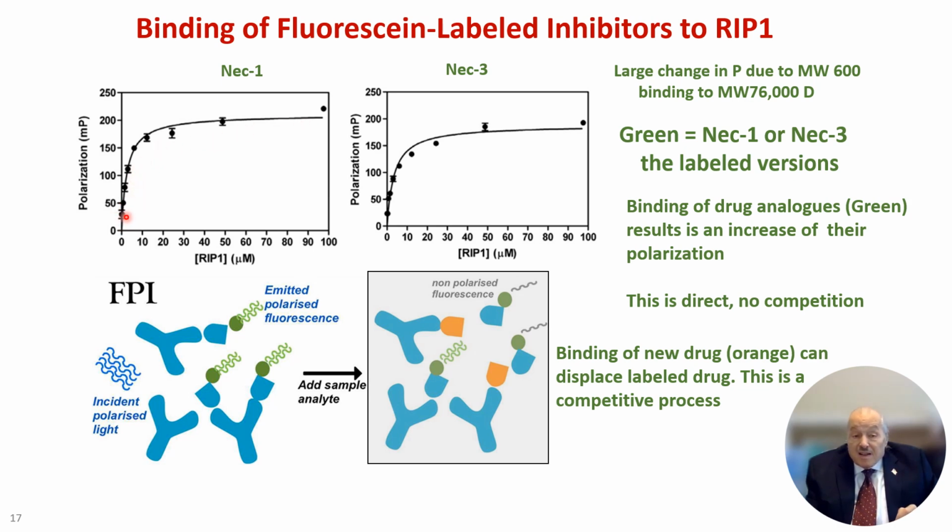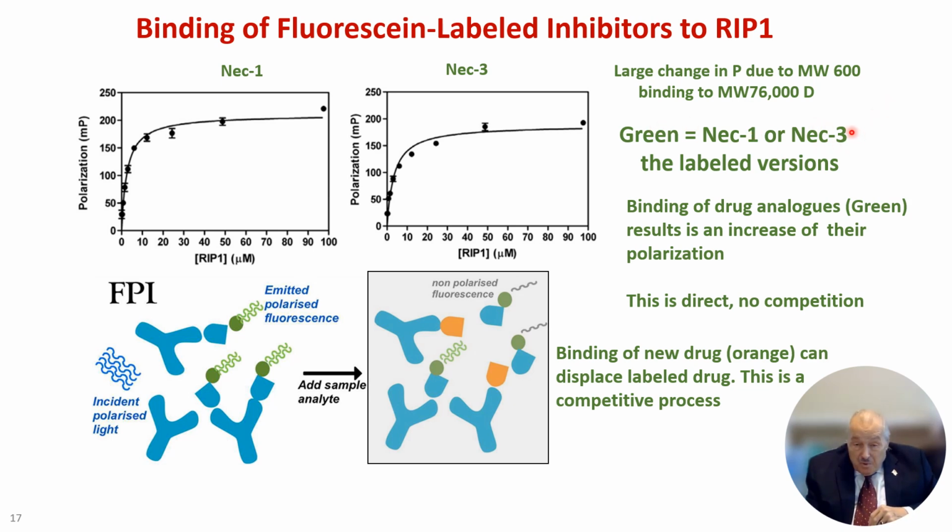Down here we're looking at low polarization because it's just a free probe rotating in solution. Up here it's high polarization because it's that high molecular weight we just mentioned, and the same thing for the other one.